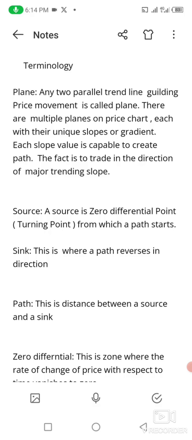Each slope value is capable of creating paths. If a slope exists, it means that there is a straight line, and a straight line continues indefinitely, so it creates a path. The fact is to trade in the direction of the major trending slope.